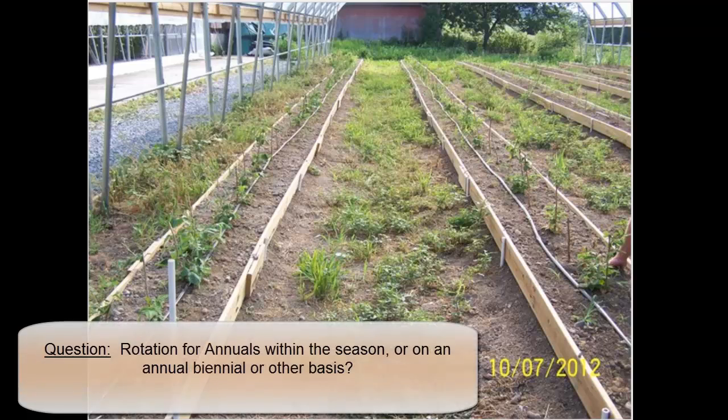Okay, and then the next one on rotating for annuals within the tunnel. Yeah, and I'm not sure what they're after, but my thinking is this: if I move my tomatoes from the bed over here on this side of the high tunnel this year to the bed on the other side of the high tunnel the next year, and for example my concern is tomato leaf mold, I really don't think I'm going to get very much benefit from that rotation.